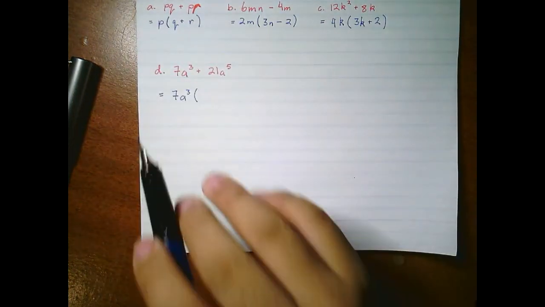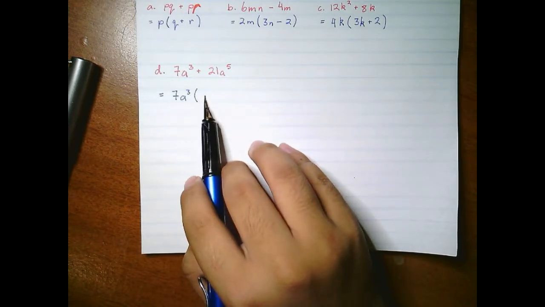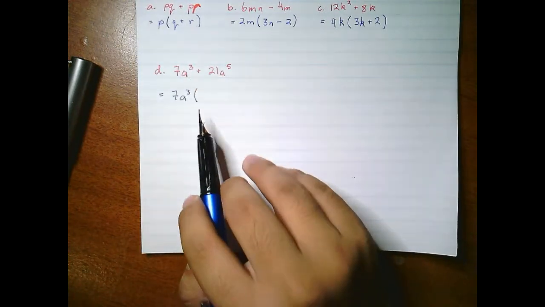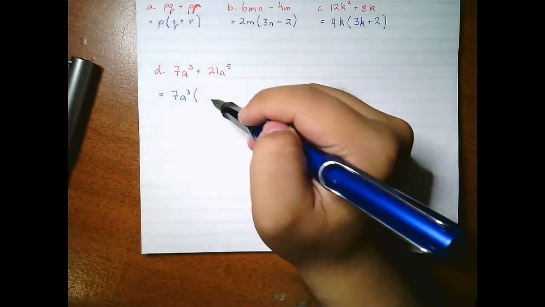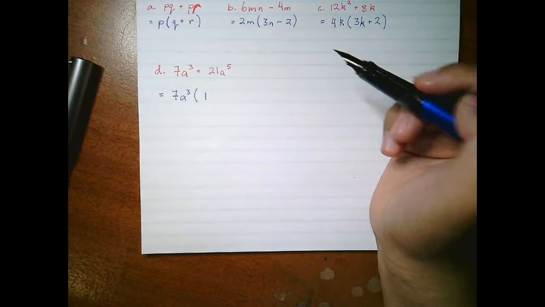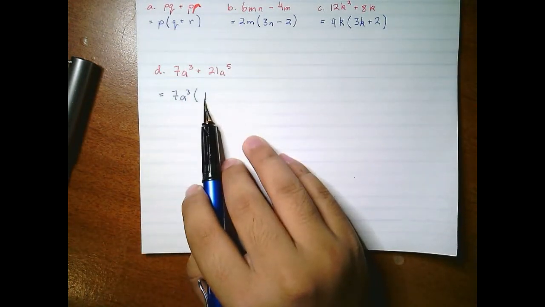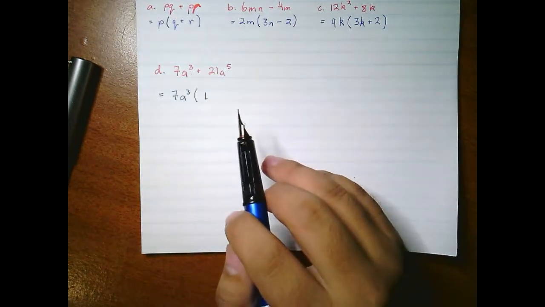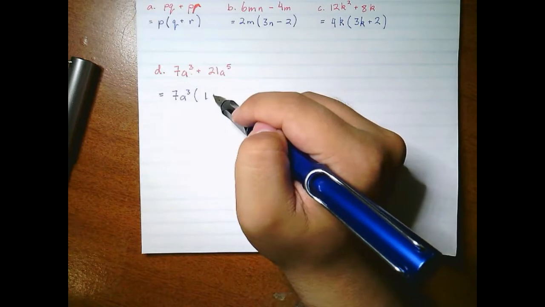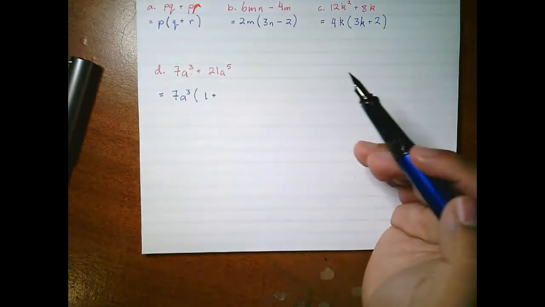Here's where it gets a little bit trippy. 7a cubed times what gets me 7a cubed? Well, isn't that itself? Wouldn't that just be 1? Because 7a cubed times 1 gets me 7a cubed. So that's going to be 1. Plus 7 times what gets me 21?